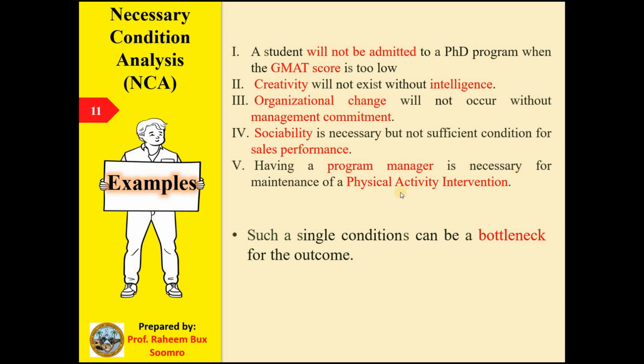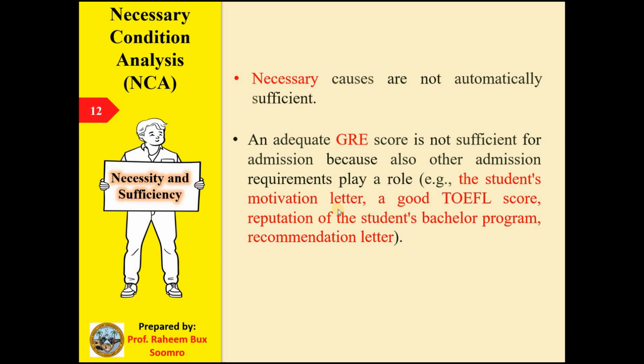Having a program manager is necessary for maintenance of physical activity information. So these conditions, like intelligence, GMAT, management commitment, and the program manager, are the bottlenecks. If you do not achieve these, then you will not be able to achieve your outcome. Necessary causes are not automatically sufficient.